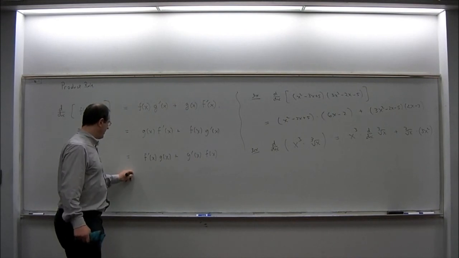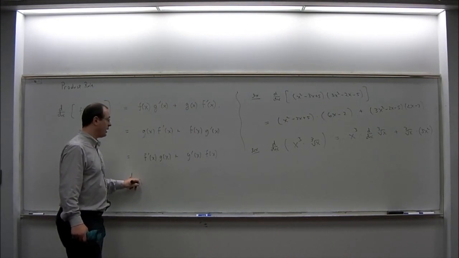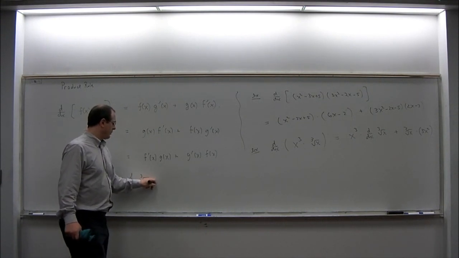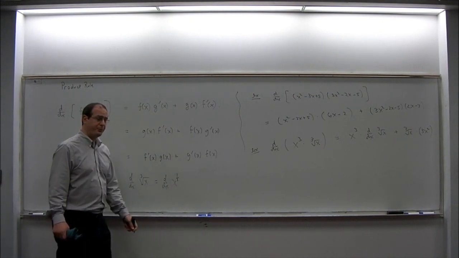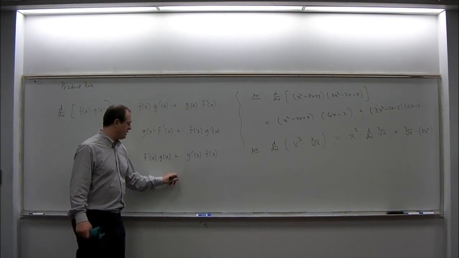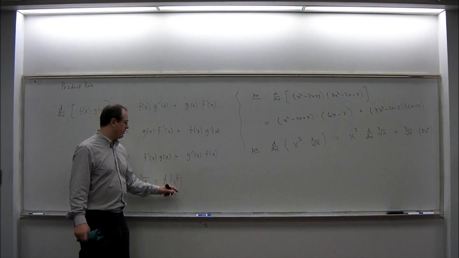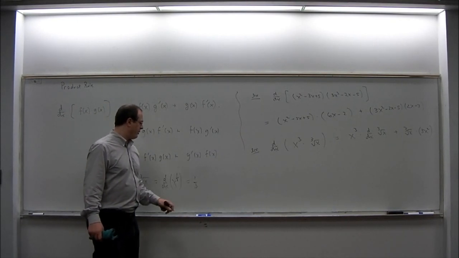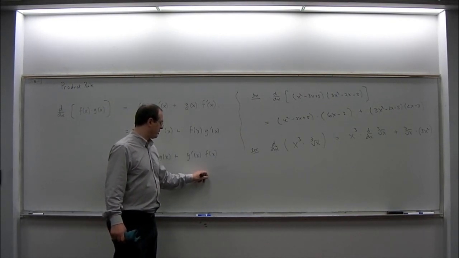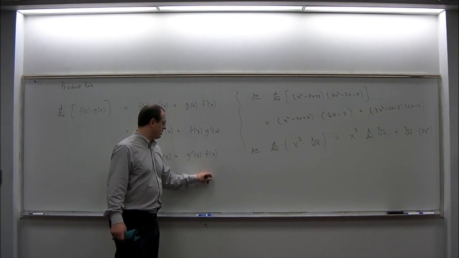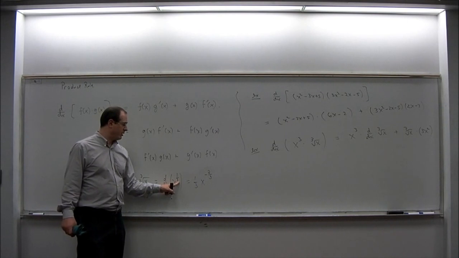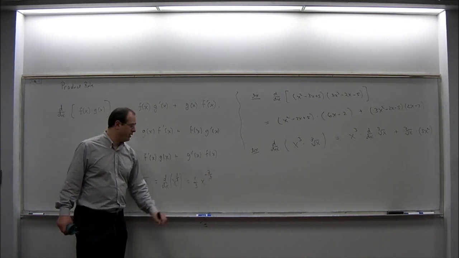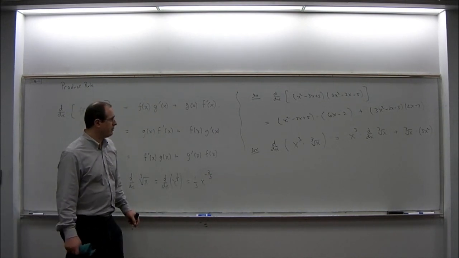The cube root of x is the same as x to the 1/3 power. The derivative of that using the power rule is 1/3 times x to the minus 2/3. We have to subtract 1 from the power, so 1/3 minus 1 is negative 2/3.